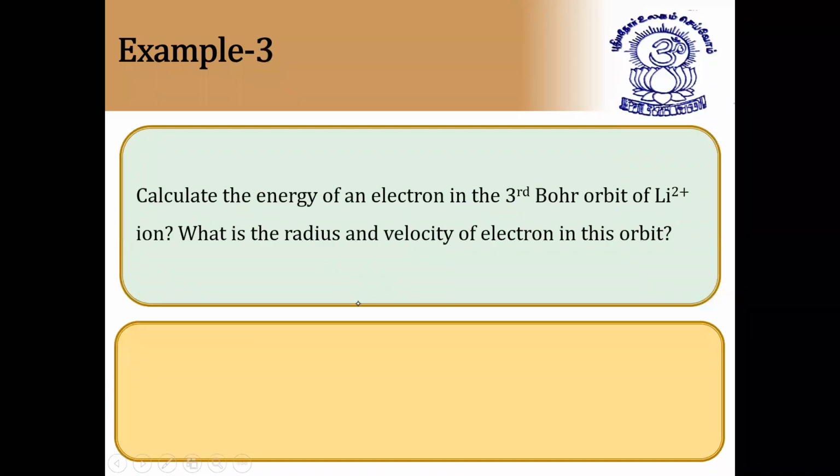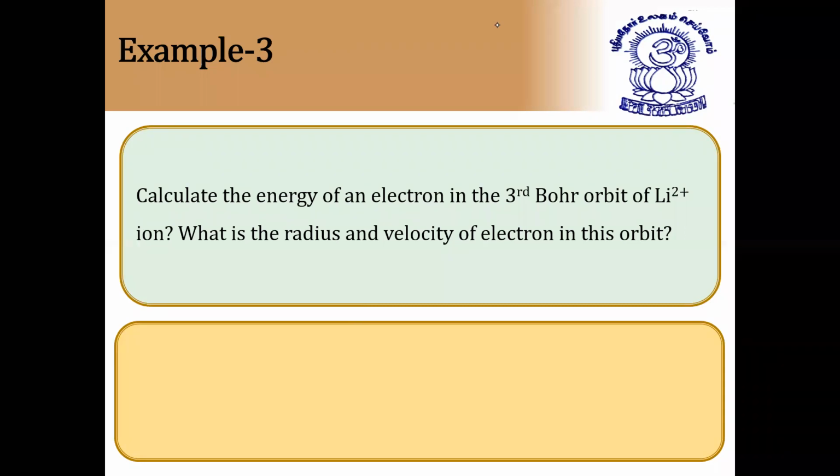Next, example 3. Calculate the energy of electron in the third orbit of lithium ion. What is the radius and velocity of the electron in this orbit? So they are asking all three. Energy of electron in the third orbit of lithium ion, in electron volts, I am calculating now. First I am writing the formula for energy of electron.